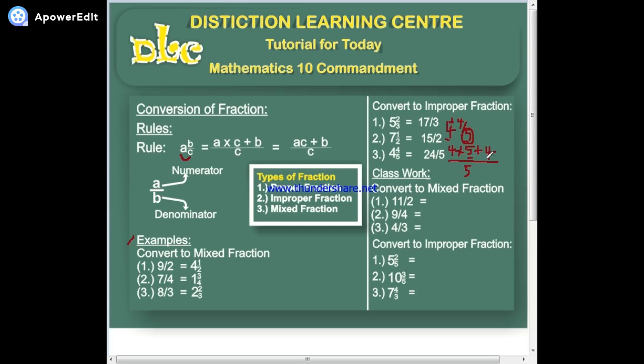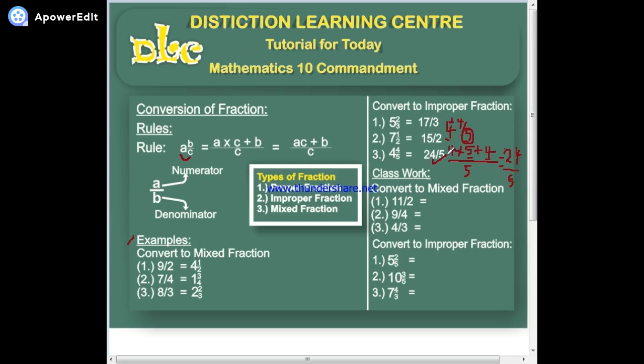And 20 plus 4, that is 24. That means our answer will now be 24 over 5, that is 24 divided by 5. So that is the last answer under the example section.